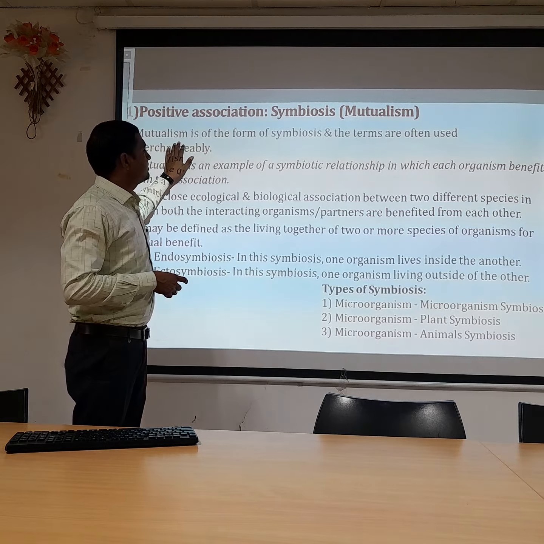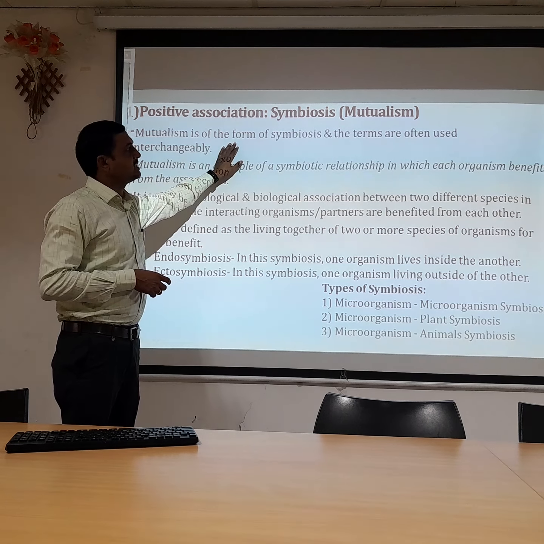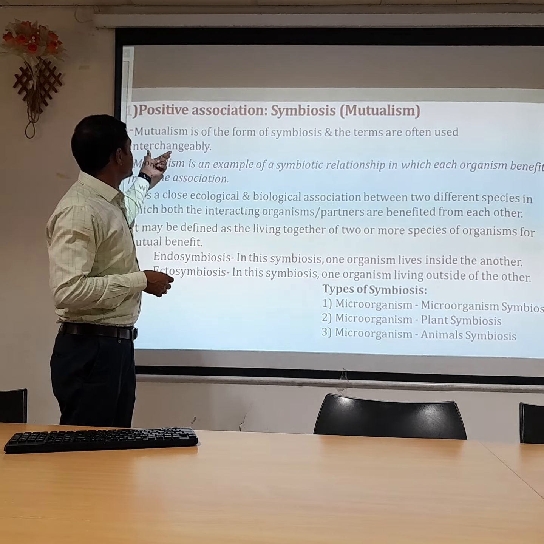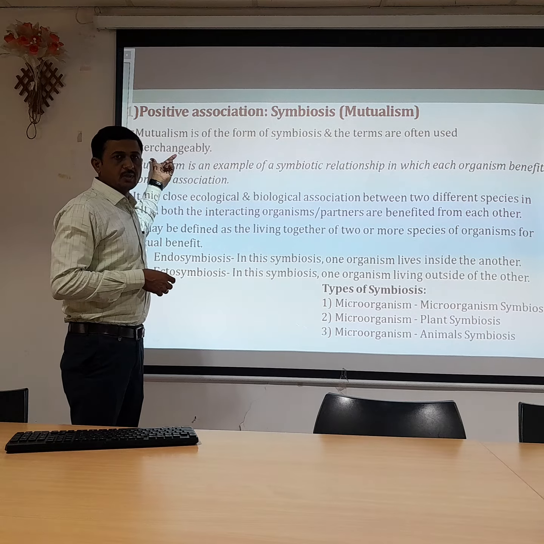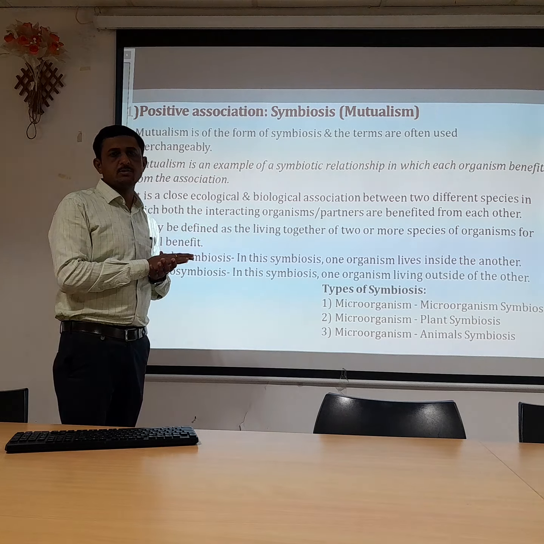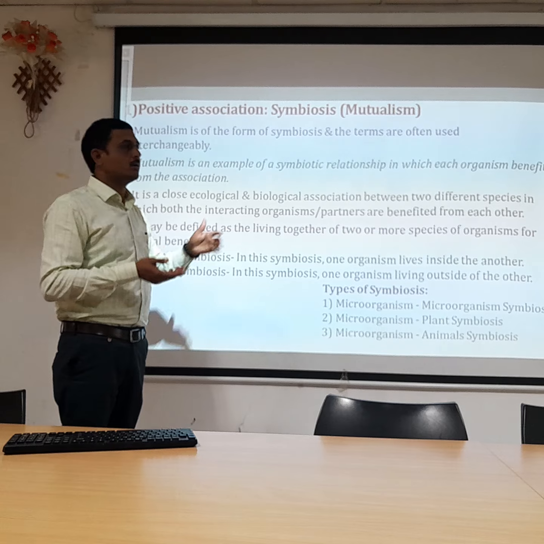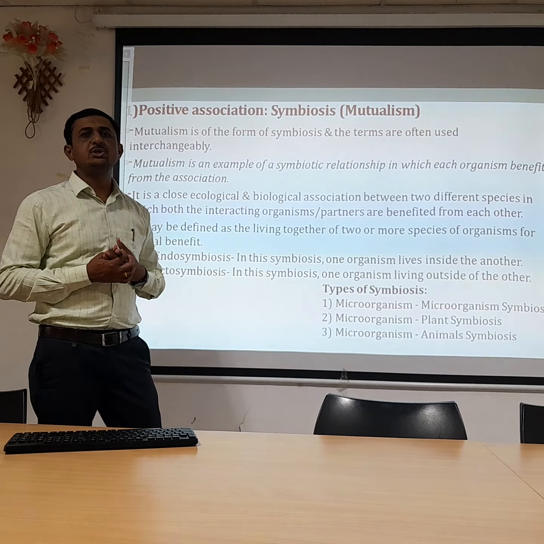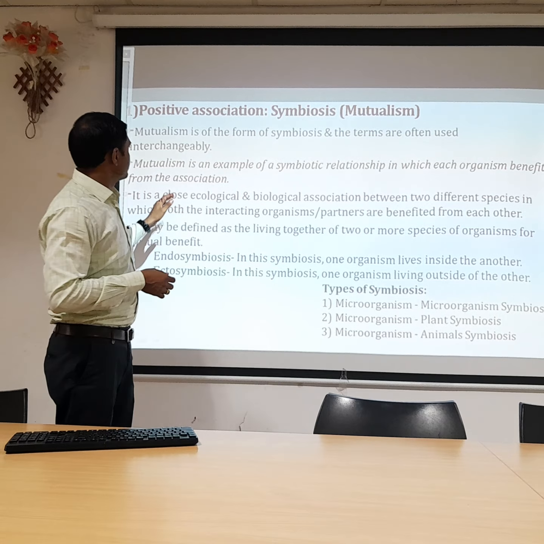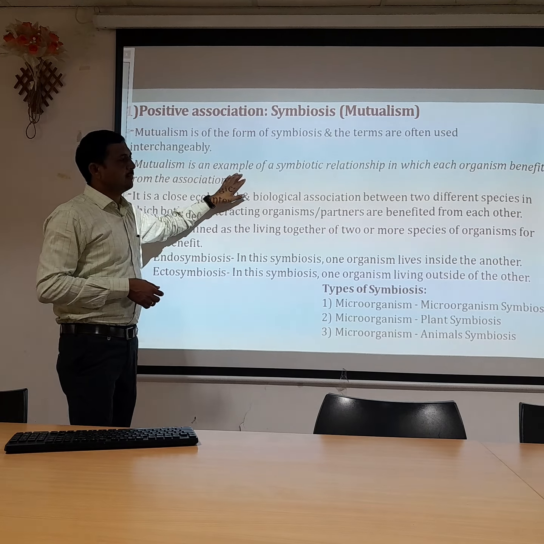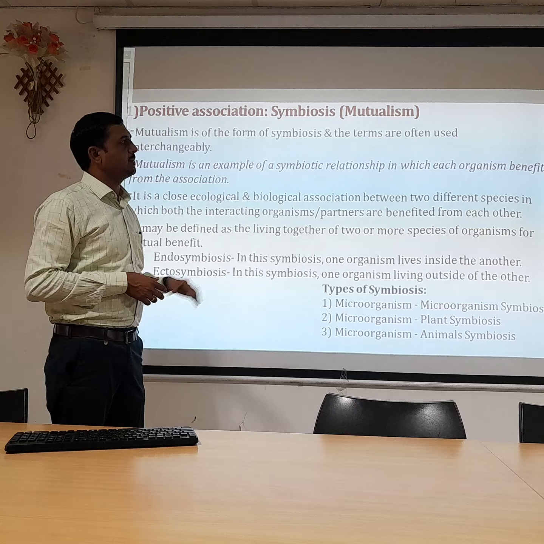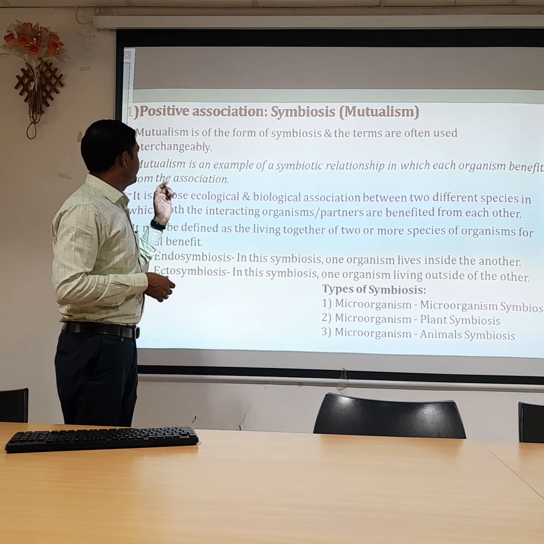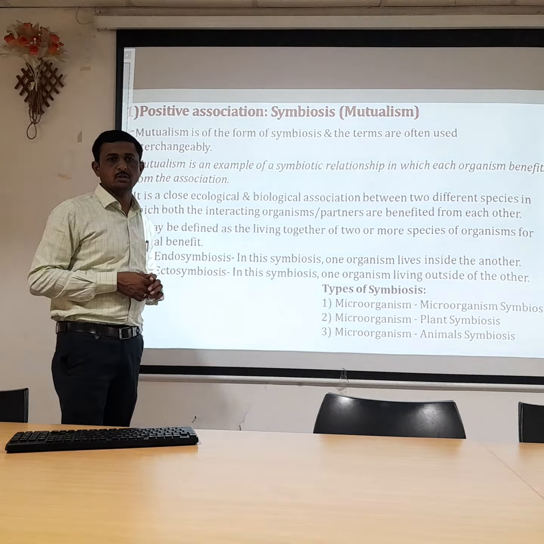Mutualism is a form of symbiosis, and the terms are often used interchangeably. Normally we call it symbiosis, symbiotic association or mutualistic association, and they are positive types of association. Mutualism is an example of a symbiotic relationship in which each organism benefits from the association.